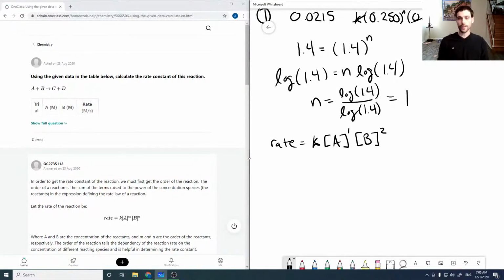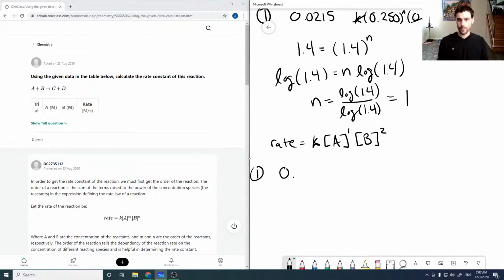Now to solve for our K, we can just use any of our rates. And to get proper units on the K, I'm just going to put our units back in. So I'm just going to use the first equation.